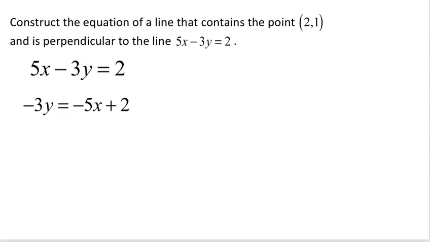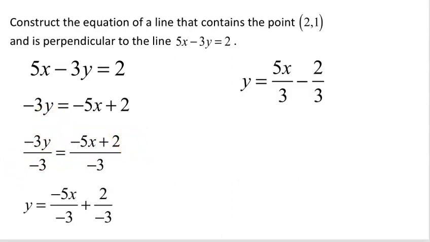Divide both sides by negative 3. So negative 3y over negative 3 is negative 5x plus 2 over negative 3. Left side is y. Right side, negative 5x over negative 3 plus 2 over negative 3, which reduces to 5x over 3 minus 2/3. So the slope of this line, y equals mx plus b, is 5/3.